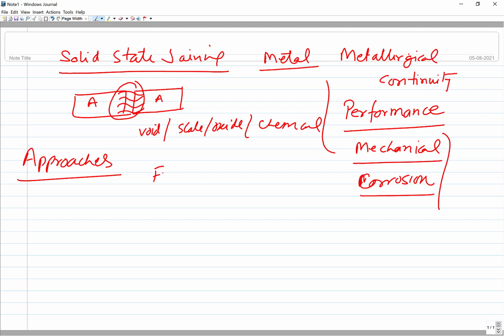The first and foremost, which is very common, is the fusion of the metallic components which are to be joined.